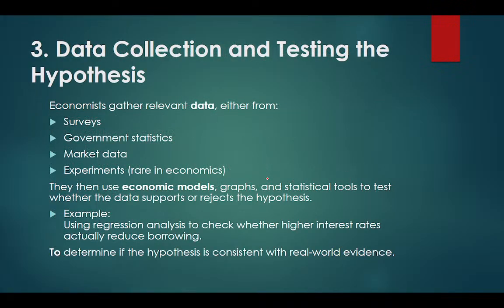Then the third one, because we were asked to explain 4. So the third one is data collection and testing the hypothesis. Because you had specified your hypothesis, now you set out to collect the data, and then using the data, you test your hypothesis. In testing your hypothesis, you will be having a null hypothesis and alternative hypothesis, between which you'll have to settle on one.